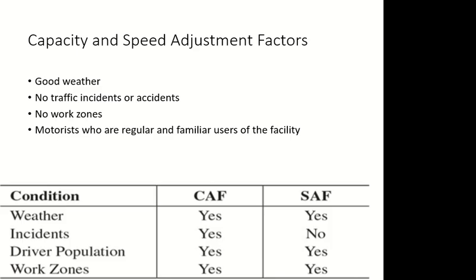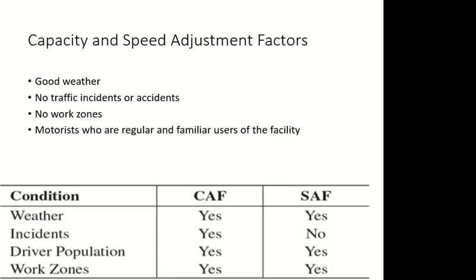Okay, so normal conditions are you have good weather, just like Bahrain, alhamdulillah. You have no traffic incidents or accidents, inshallah. You have no work zones, and you have motorists and drivers who are familiar with the facility, mashallah, right? So we have all these things here.